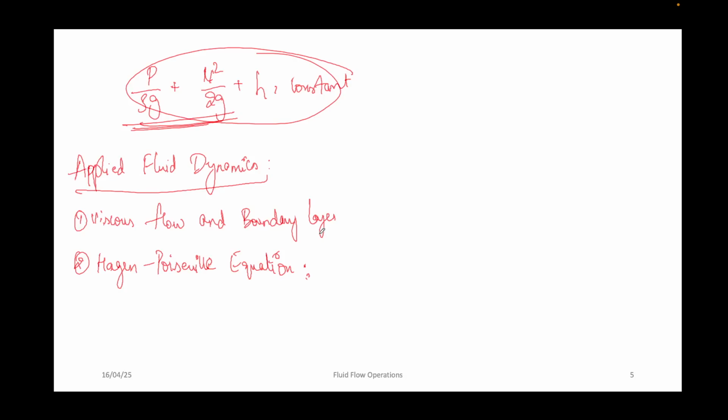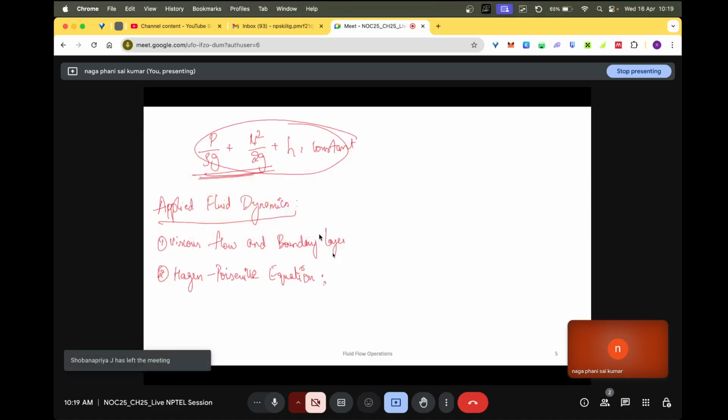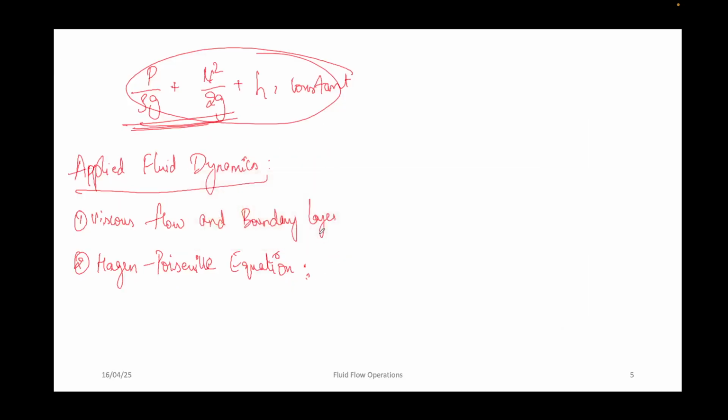Will it be used in laminar flow, turbulent flow, transient flow, or will it be used in open channel flows or closed channel flows? When do we use this equation? Okay, so this is basically used in laminar flow in pipes.